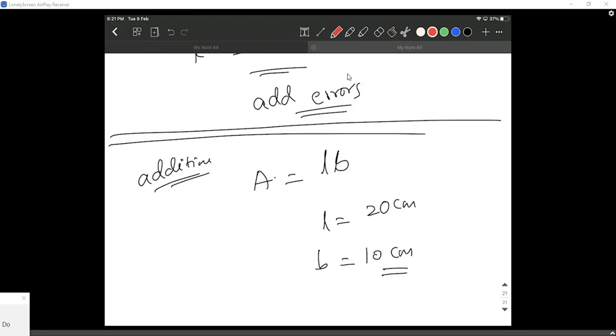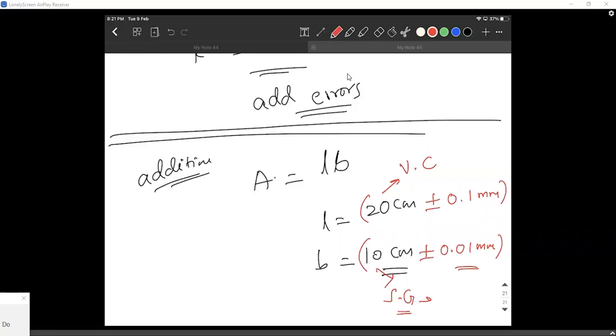But this one is measured with vernier calipers and this one is measured with screw gauge. In these cases, we have to use the least count of the instrument as error. So we have to write 20 plus or minus 0.1 millimeters as error here. Here you have to write it as 0.01 millimeter as error. You just have to assume the least count of the instrument as error.